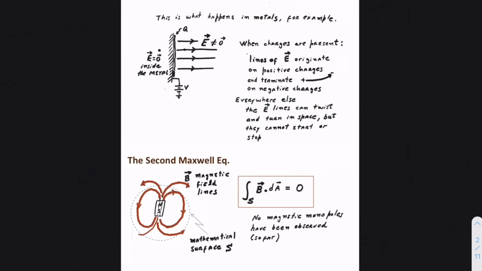Now let's concentrate on the second equation of Maxwell. This is the mathematical expression of the second equation, which says that for a closed surface S, the surface integral of the magnetic field is equal to 0. Now, why is this 0?